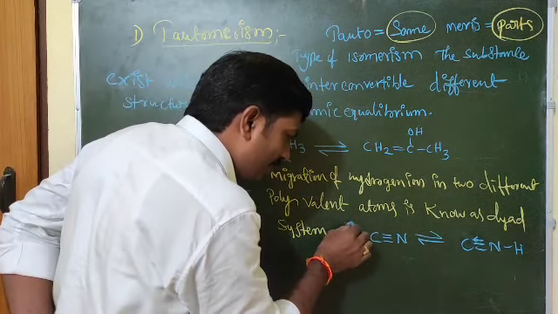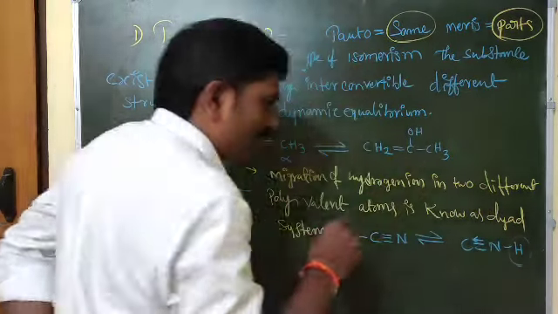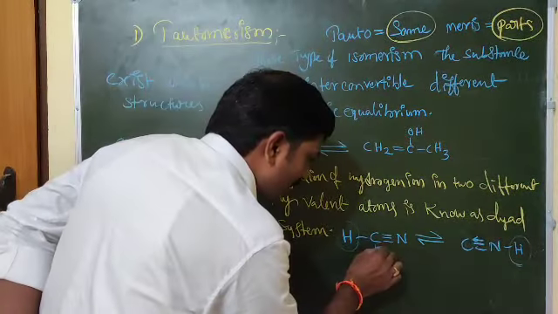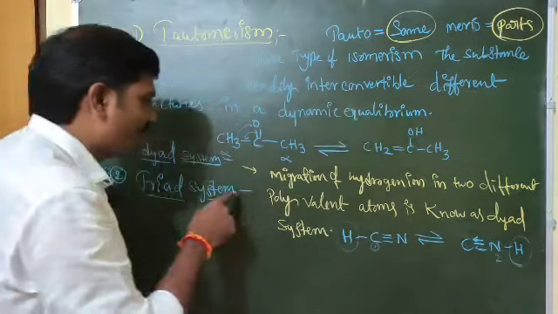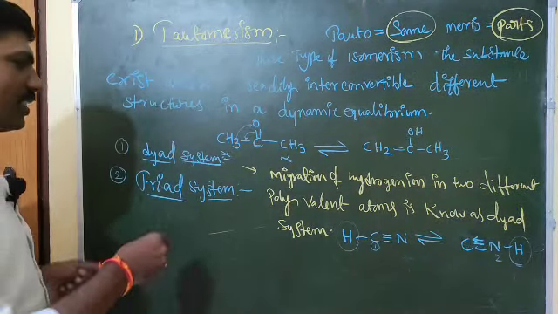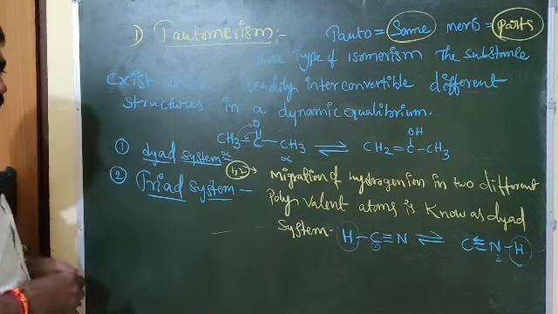In one form hydrogen is attached to carbon, in the other to nitrogen. So the hydrogen goes from the first atom to the second atom, which is why we call it a 1,2 system or diad system.